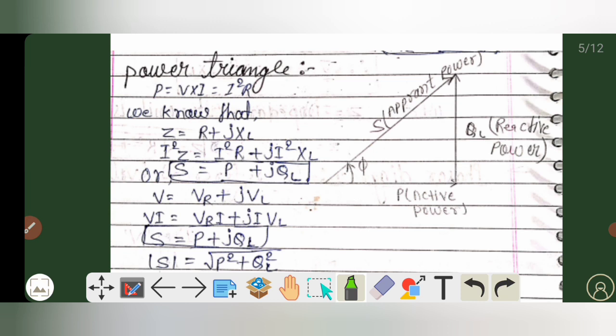Now my dear friends, we will draw the power triangle for the series RL circuit.